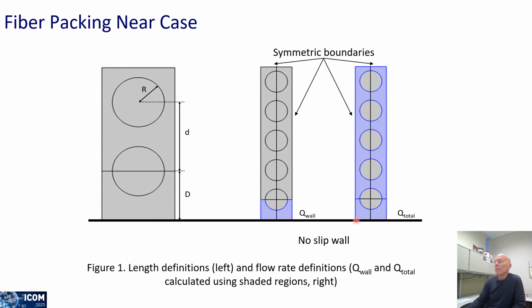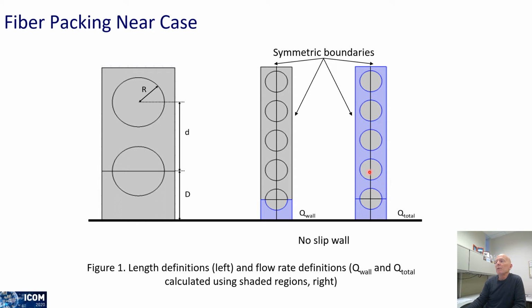We're also going to be talking about the flow through a stack of fibers like this, and we're going to be varying the number of fibers that we stack up to look at the effect of that. But if we calculate the total flow rate to the stack of fibers we're considering, that will be the Q total here. We divide that by the area available for flow with an average velocity through that region there.